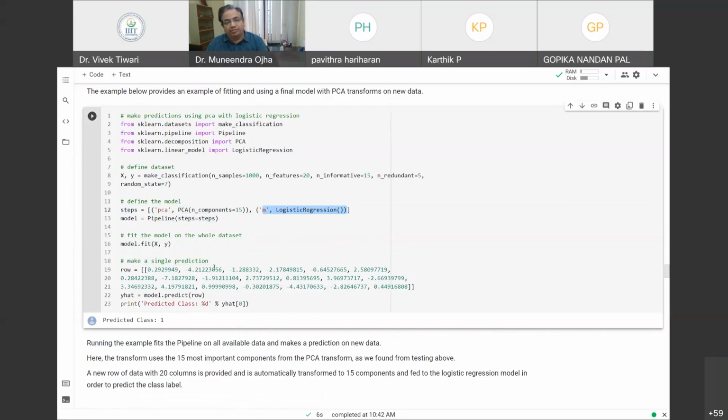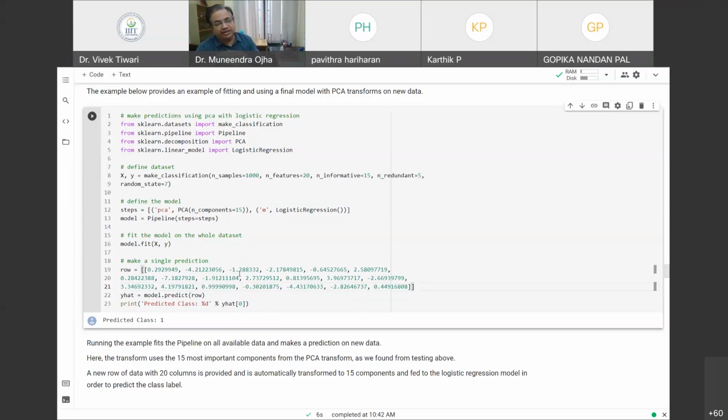Now, at the time of prediction, at the time of testing, this is a single row of data that is being fed. It has 20 features. The testing data has not been taken through the principal component analysis step. So you cannot directly feed the testing data into your model, because the training data that it has seen is different.